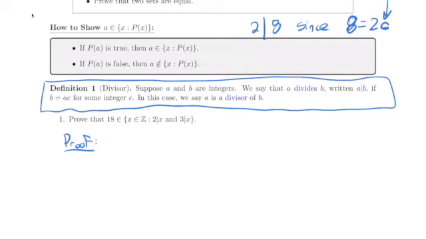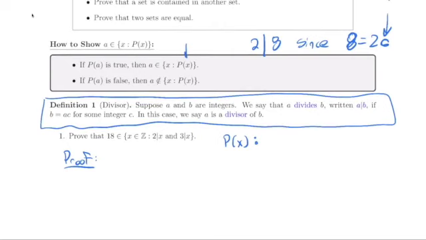So if I want to prove that 18 is an element of this set, then what we've got here is the statement P of X. It's a statement that depends on the value of X. So what we need to check is two things: does 2 divide X, and does 3 divide X?